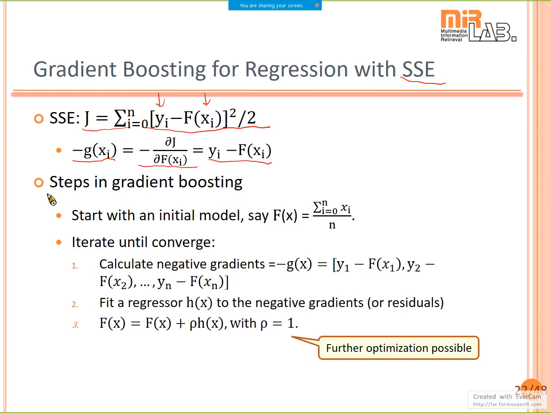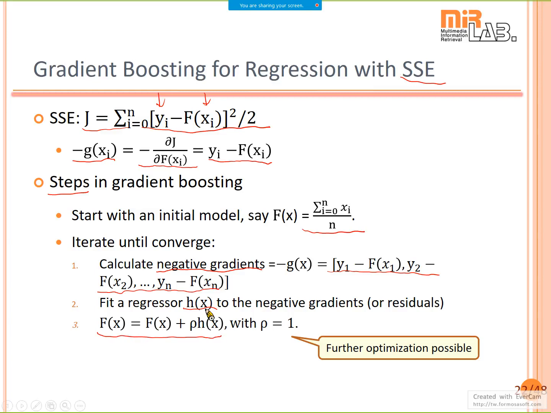So the steps in gradient boosting: we start with the initial model, which is only an average. Then we calculate the negative gradient, and for square loss, the negative gradient is equal to the residual. Then we fit a regressor h of x to the negative gradient, and the model update is like this.